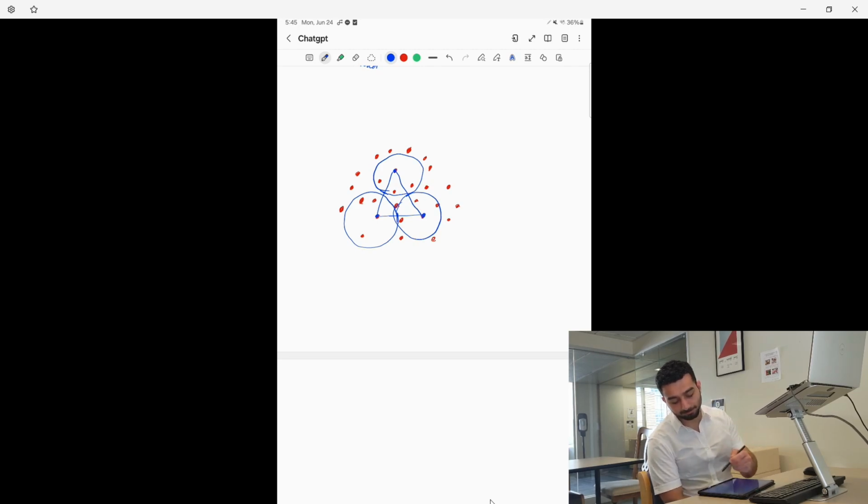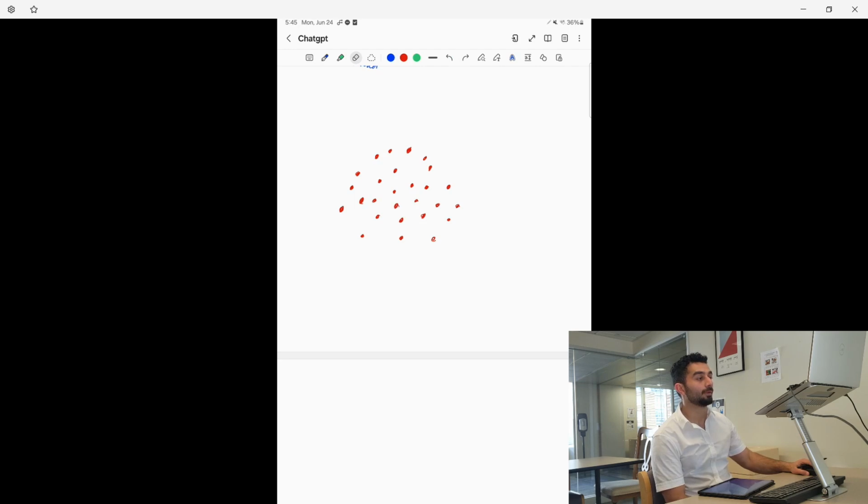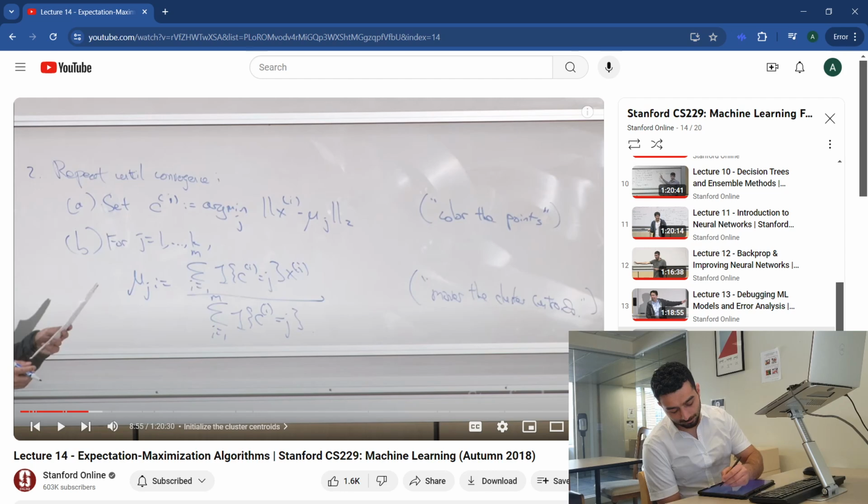We have the set of xi's, right? So i is the counter for the whole number of data. And we have, for example, 3 clusters.